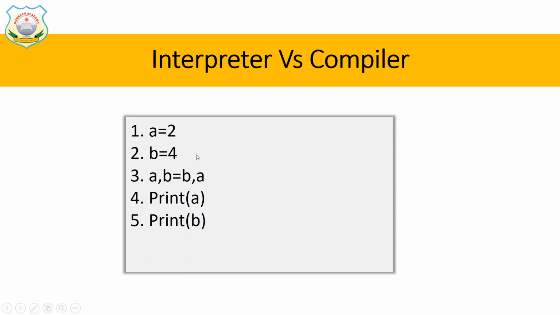Now you can really understand what exactly this means, other than this third line maybe. But you can say a is equal to 2, b is equal to 4, then print a, print b. Now you can very well understand. It's very easy to understand, other than this third line maybe. So Python is a very readable language, very easy to understand, and we are going to learn Python. And Python uses interpreter. Fine.